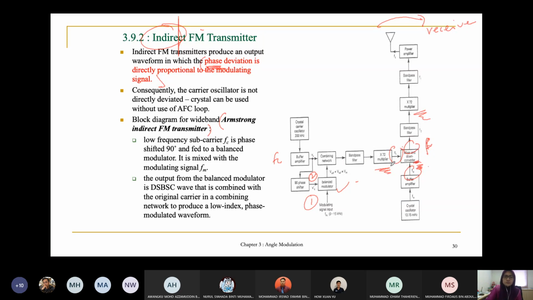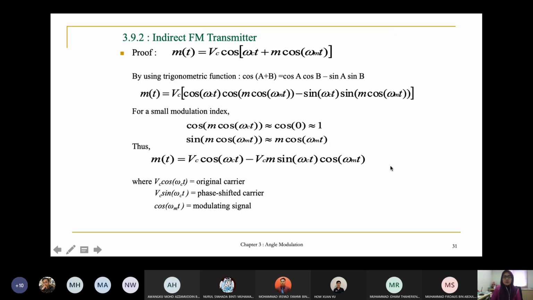Okay, so this one is just to show you that from the general equation for the angle modulation, by using the trigonometric function cos(A + B) equals cos A cos B minus sin A sin B, you can write this equation like this.